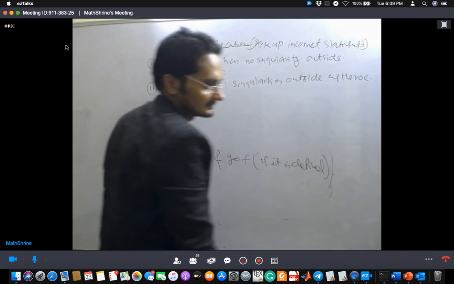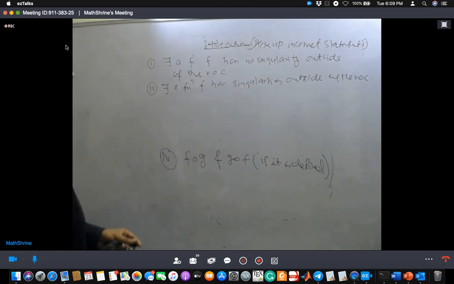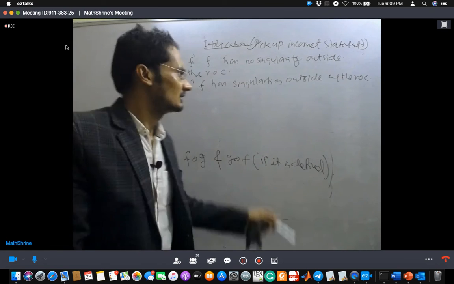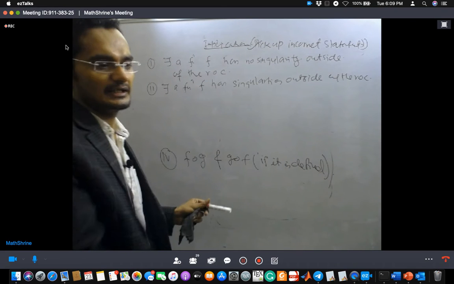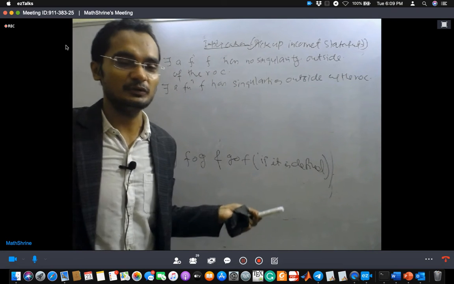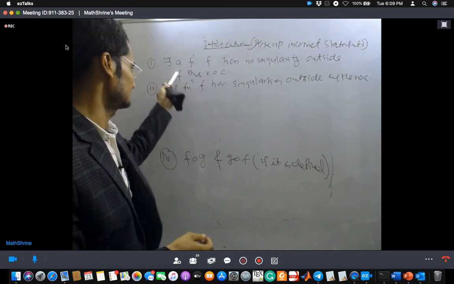Means we are able to write a function that has singularity outside of the radius of convergence. In the first option, A, there is no singularity at all, right, for a function. So careful, for a function, this is not a sufficient condition.